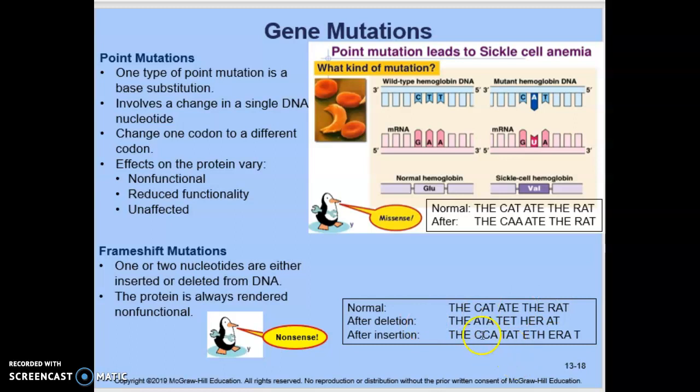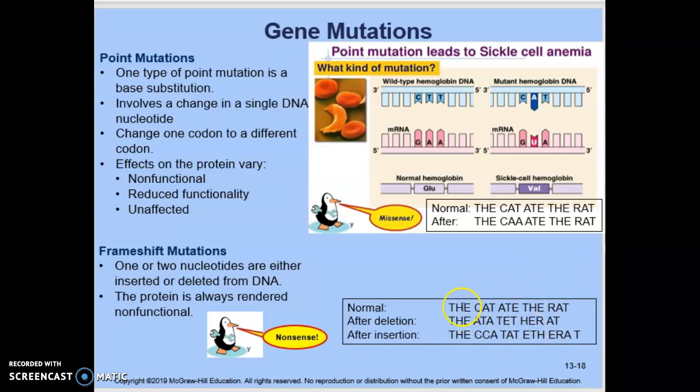We can also insert an extra C, and inserting the extra C still disrupts the codons, the groups of 3. So we will have the, and nothing makes sense after that. That's the difference between a frame shift mutation, which is going to be an insertion or a deletion, or a point mutation. Now, something to point out, if 3 base pairs are added or subtracted, or any multiple of 3, then the only thing that will change is 1 amino acid because everything before and after will still be the same.